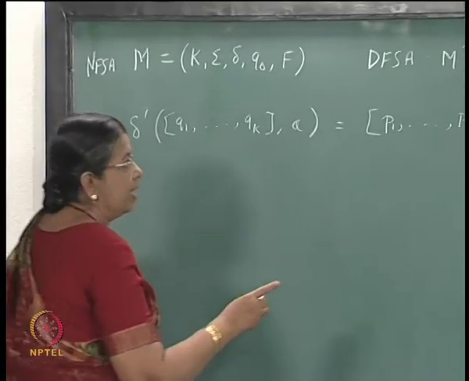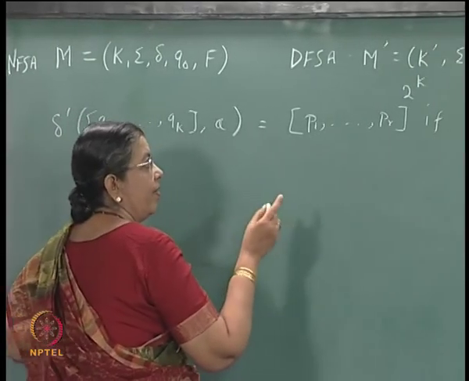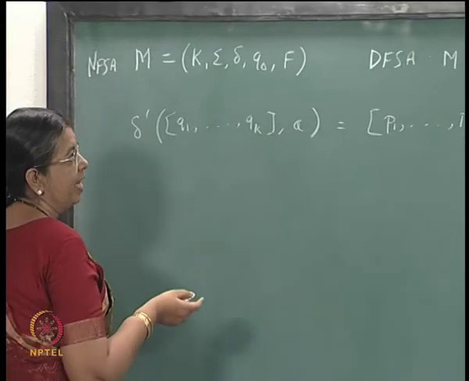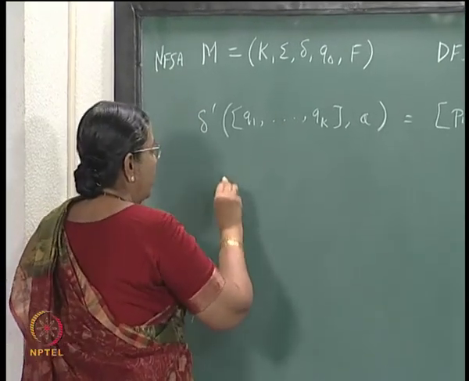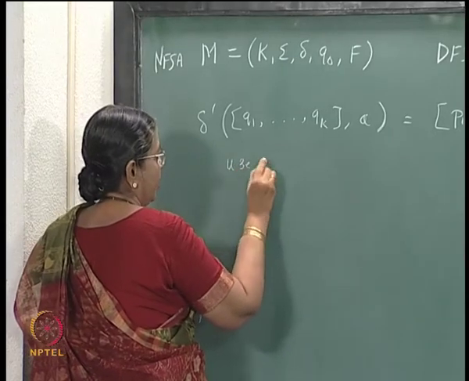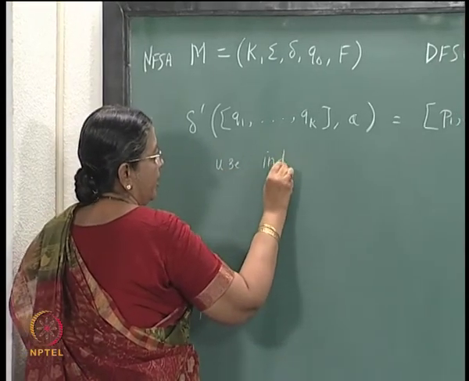And F dash is the set of states which correspond to subsets which contain a state from F. Now, use induction on the length of the string accepted.